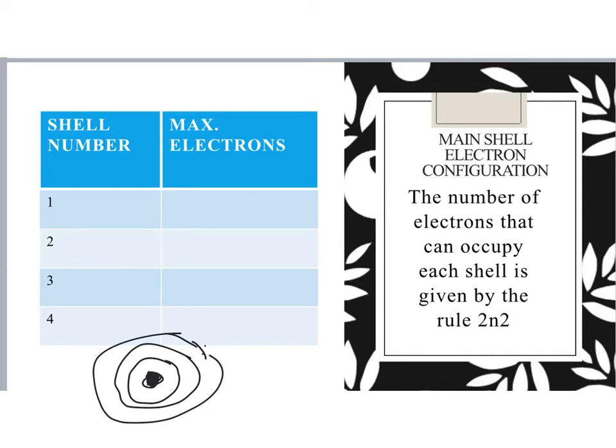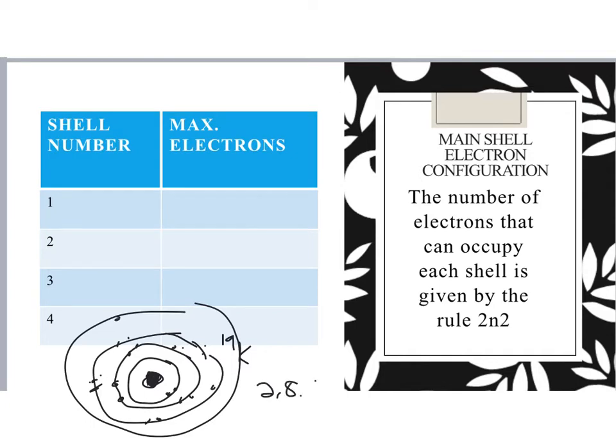For example, potassium is 19K, so it's got 19 electrons, and you would have gone: 2, 8, 8, and 1. That's how we would have done it in the past, 2, 8, 8, 1. And that's called a main shell electron configuration.